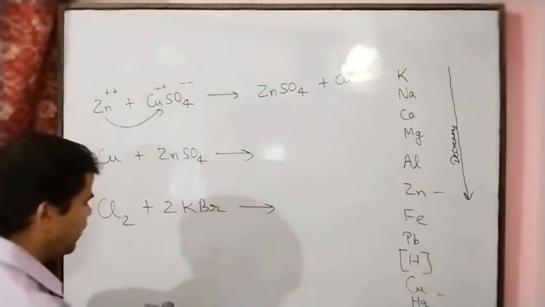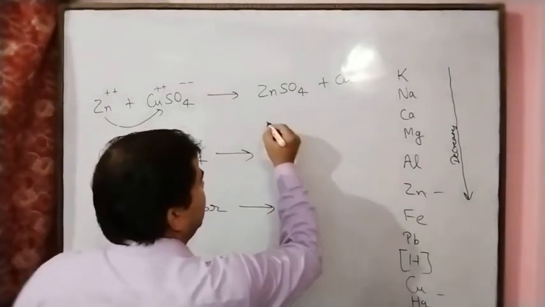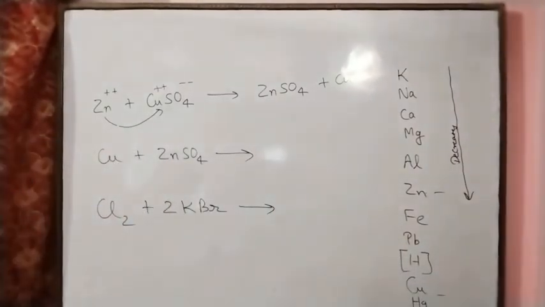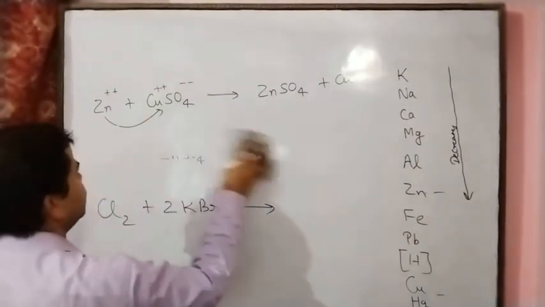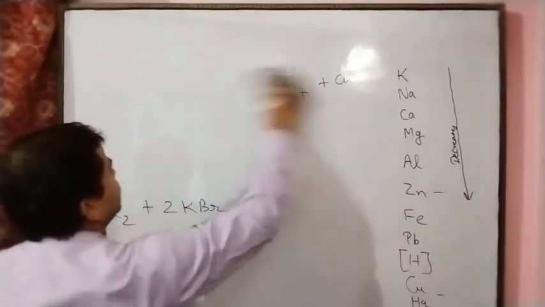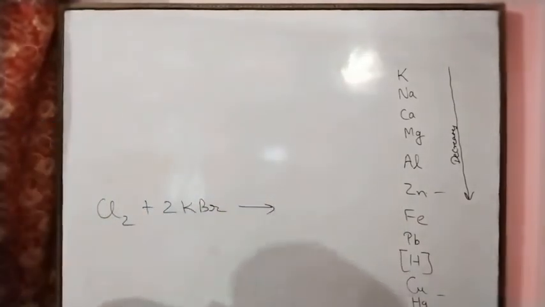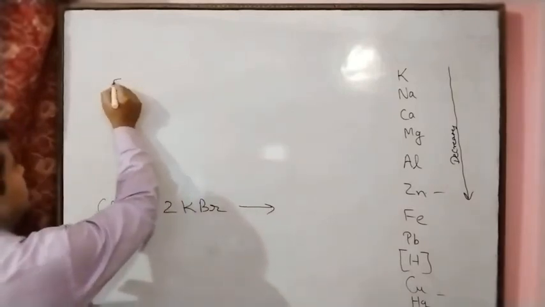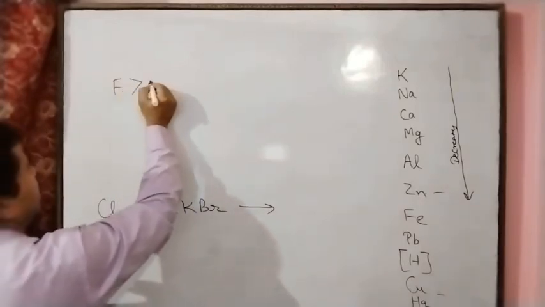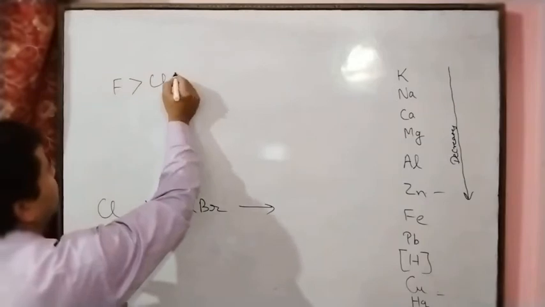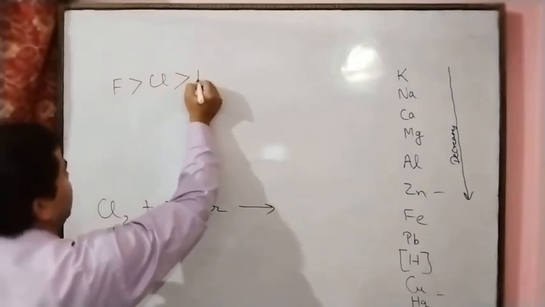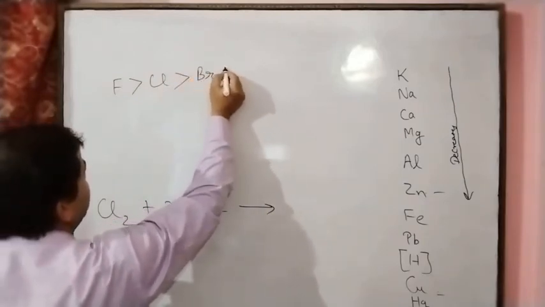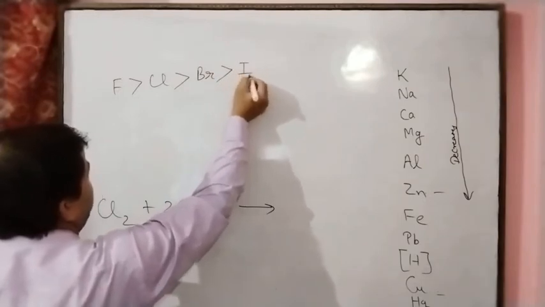We can understand this from the reactivity of non-metals: chlorine is more reactive than bromine, and bromine is more reactive than iodine.